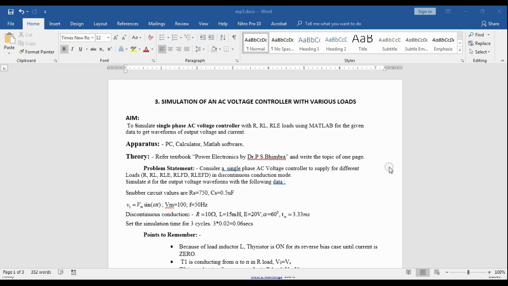If we talk in terms of time period, frequency is 50 Hz, which means time period T equal to 20 milliseconds.